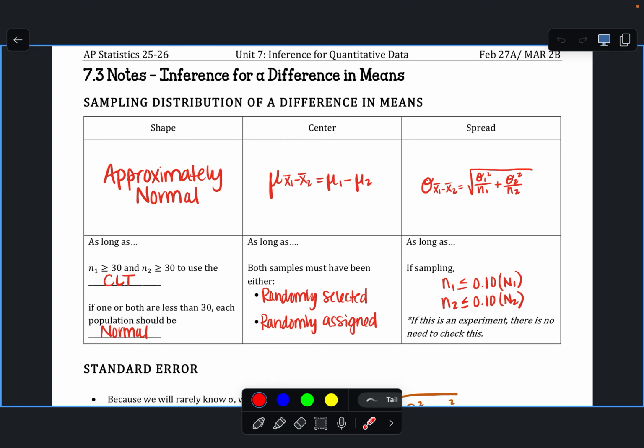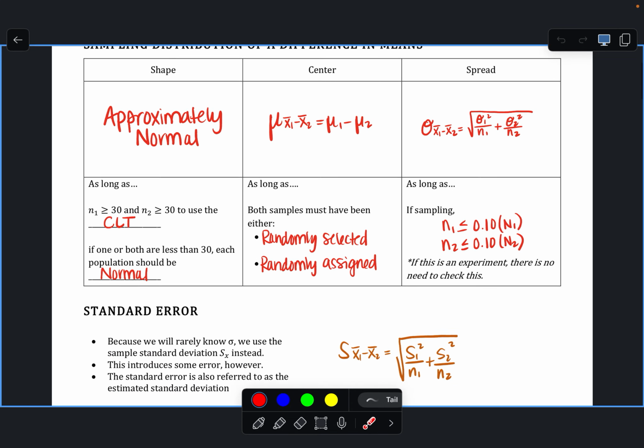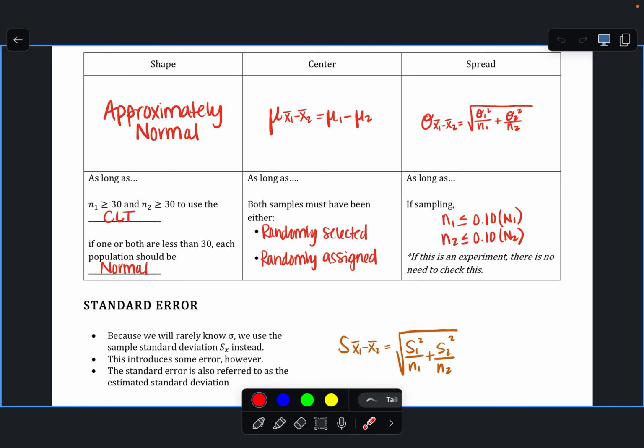This information is from Unit 5. It talks about the shape, center, spread. These are 3 things that we had to check condition-wise to make sure that we can use. In Unit 5, we still used a Z distribution only because in those questions, you were given the population mean and the population standard deviation because you were just calculating a probability of a specific sample size.